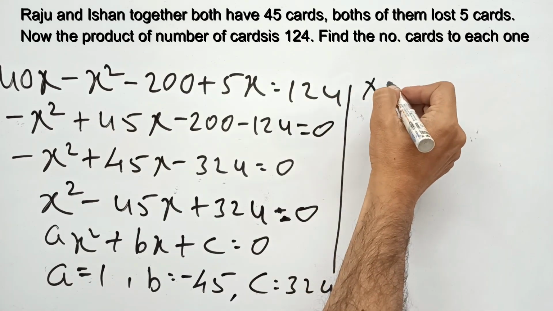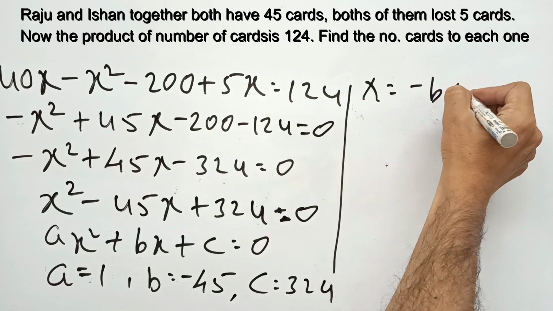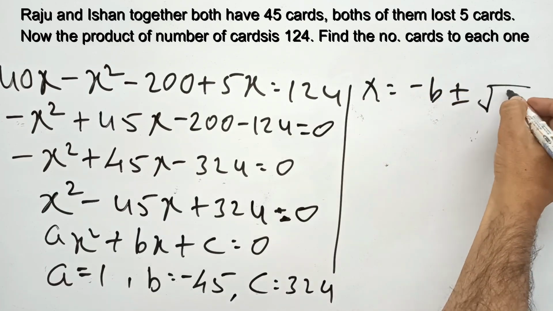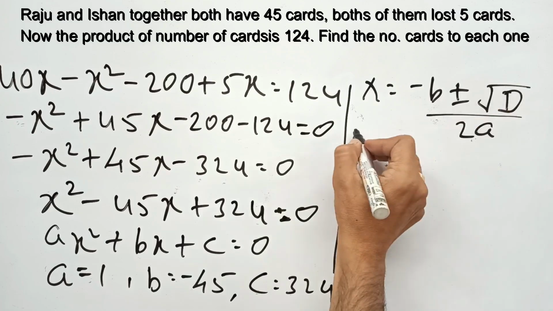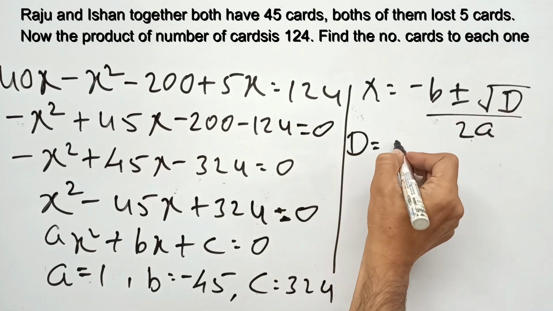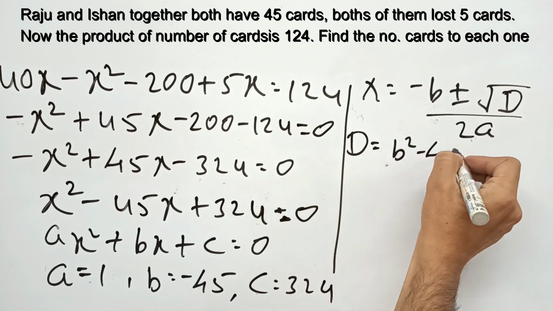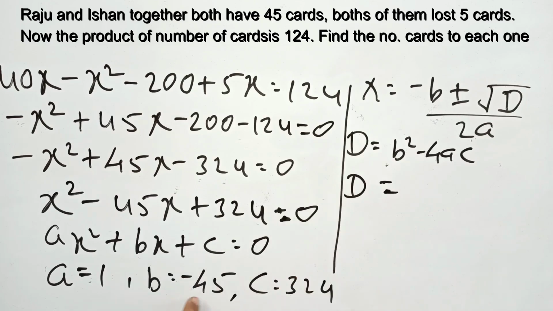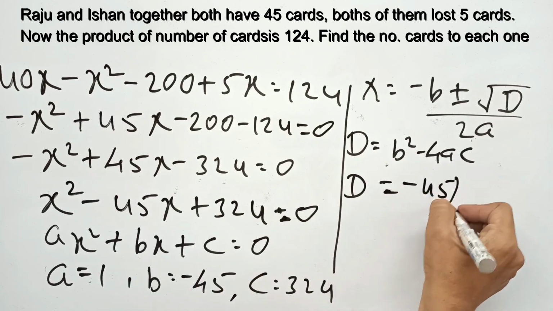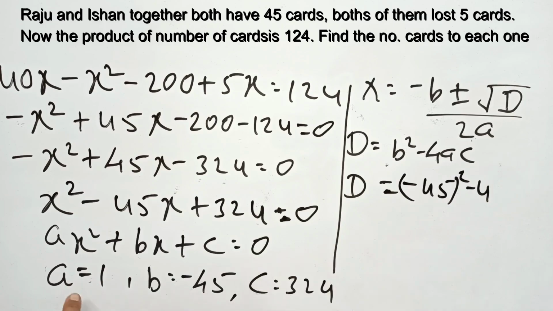Using the quadratic formula, x is equal to minus b plus minus root of discriminant d upon 2a. The discriminant d is b square minus 4ac. So let us first find d: b square minus 4a into c.